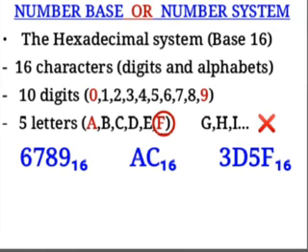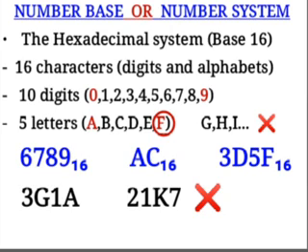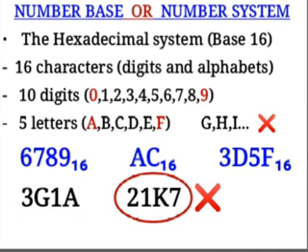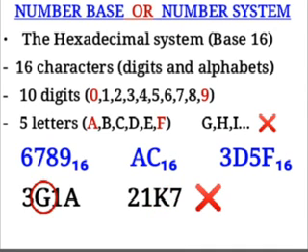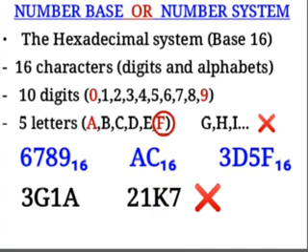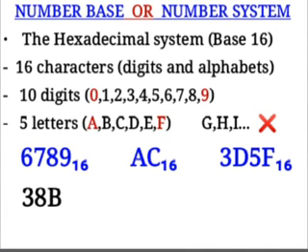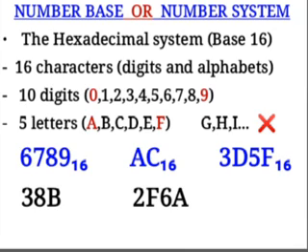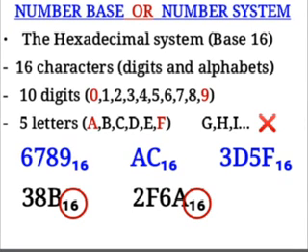So, characters like this or something like this cannot be in base 16 because this contains G, whereas this instance contains K, and we know that G and K come after the letter F when arranged in alphabetical order. However, characters like this and this one can be in hexadecimal system because they do not contain letters that succeed F in the English alphabet. The subscript 16 is written afterwards to indicate that the characters are in base 16 numeral system.